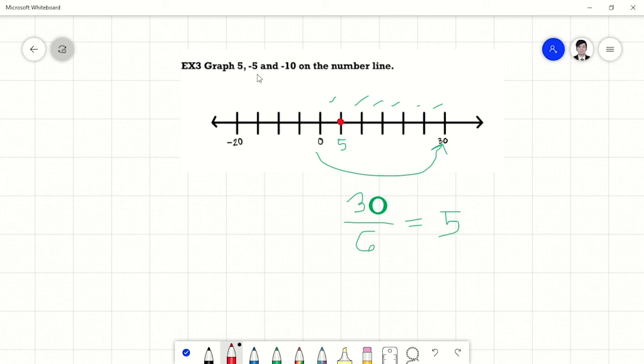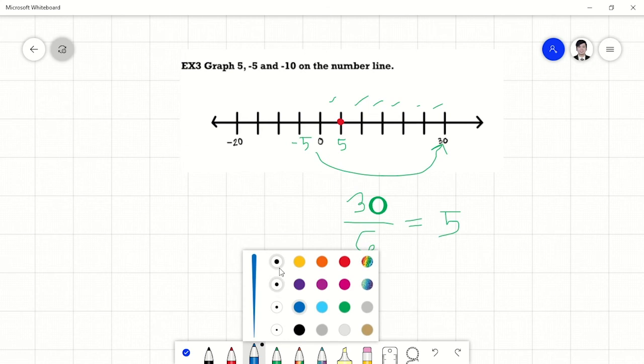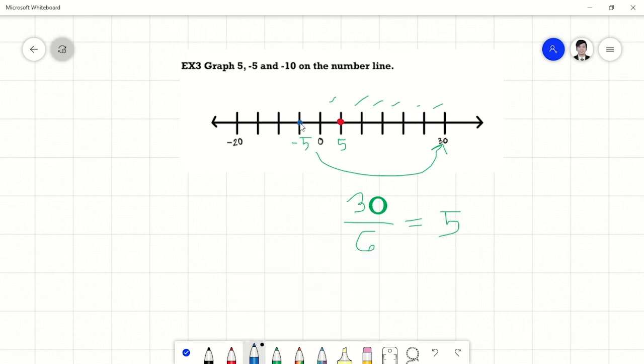Okay, next is -5. Since it's negative, we have to move going to the left. So, -5 is here. Place a point as an indicator that this is the location of -5.